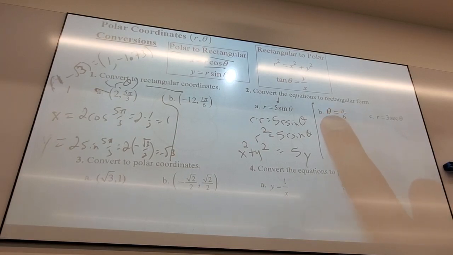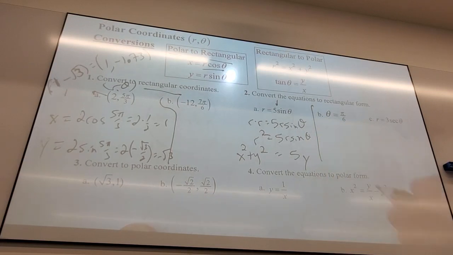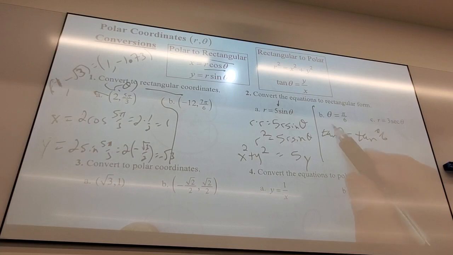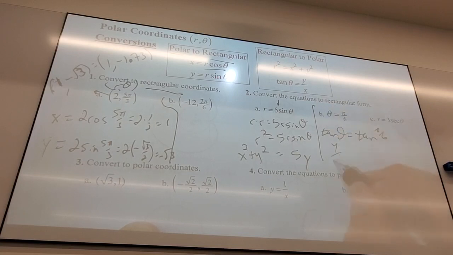What would be in front of the theta that would let me immediately rewrite it in terms of y and x? Tangent. So I just take the tangent of both sides. What's tangent theta? y over x. And what's tangent of pi over 6?